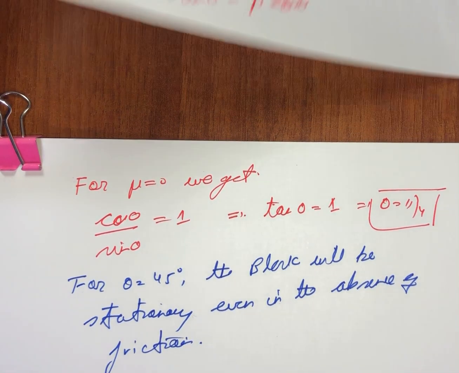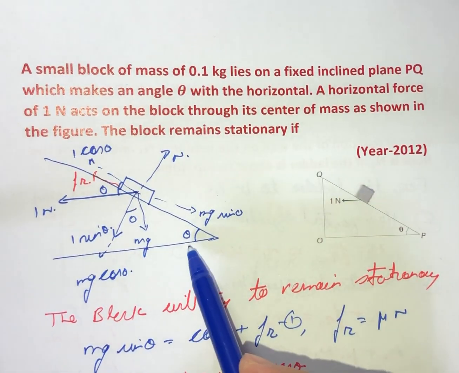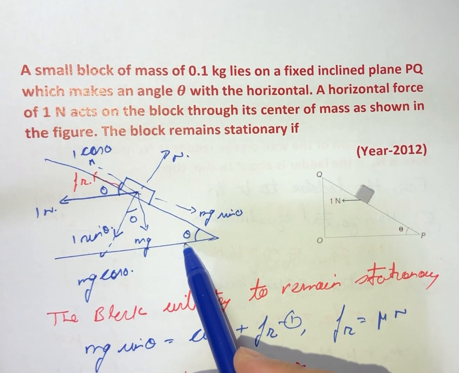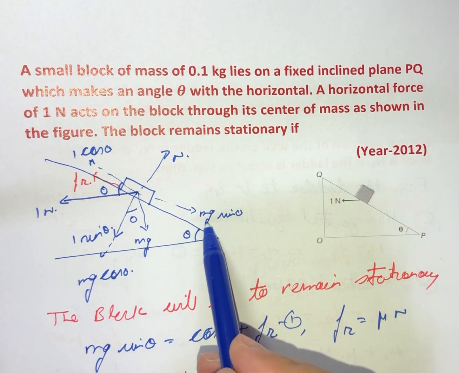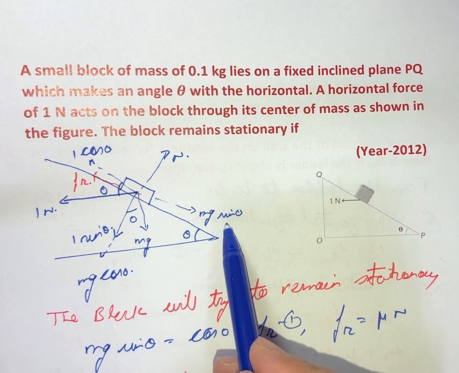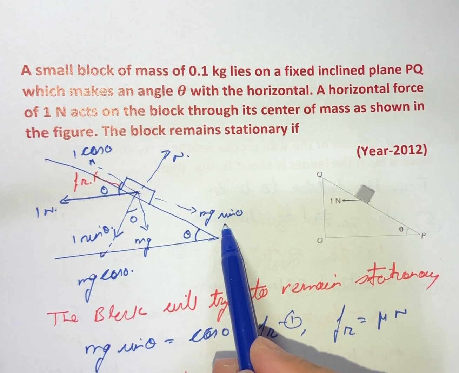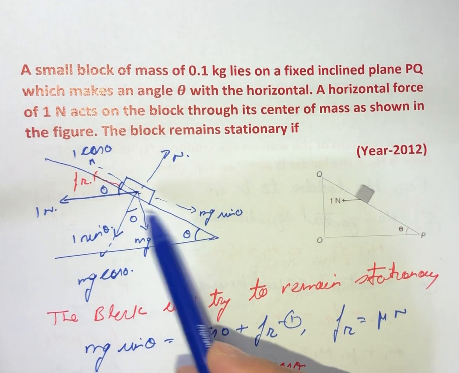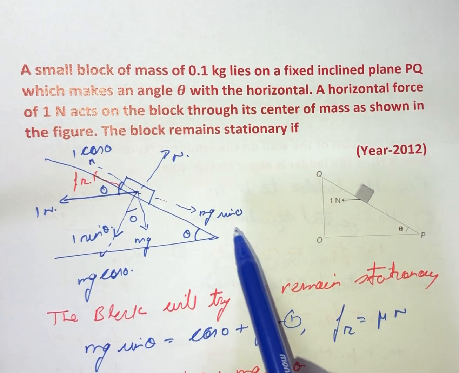So it means now if theta is greater than 45 degrees, this mg sine theta component will increase and the friction will be acting in the upward direction and the block will try to come down the inclined plane.